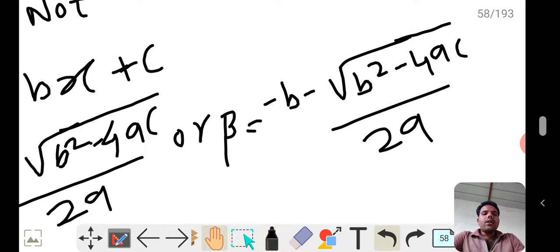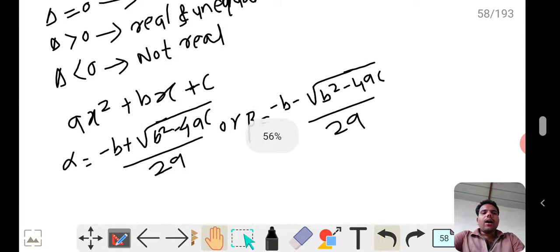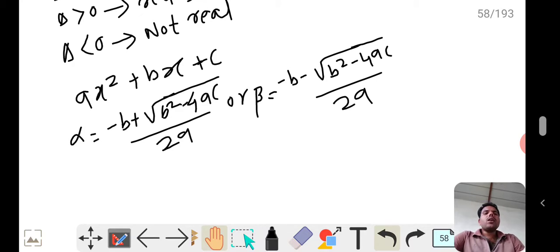Here alpha and beta are the two roots of our quadratic equation, which we have written by using the formula.